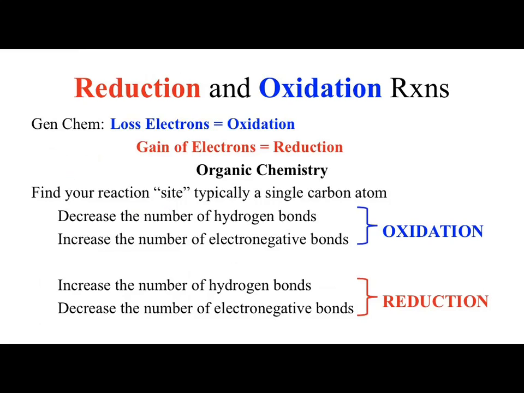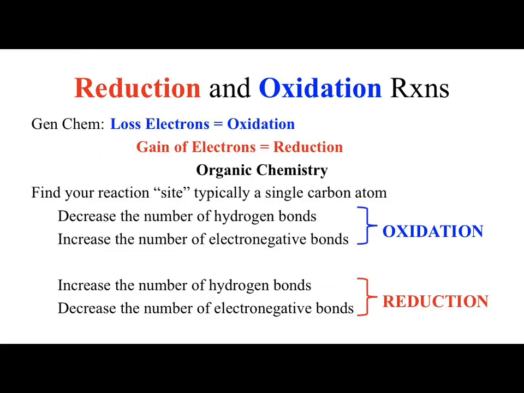So when we go into organic chemistry, what we're going to do is try and find our reactive site where things are changing. And it's typically going to be a carbon atom, but it could be other atoms, but mostly we're looking around carbon. And we're going to evaluate how the bond structure changes. Okay? The easiest definitions are looking for hydrogens and oxygens. Okay?